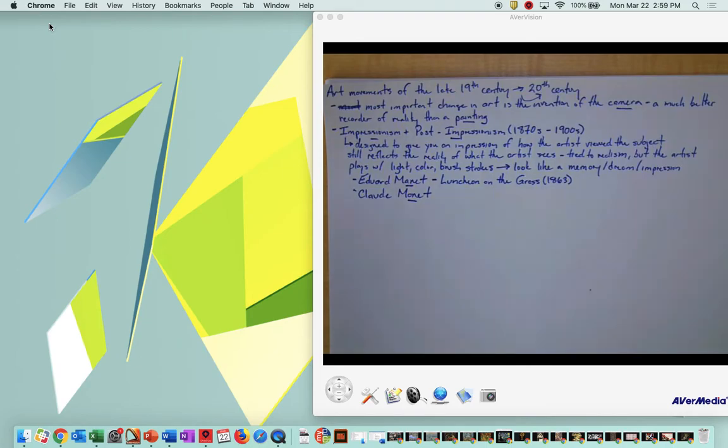Even though the artists and the art critics didn't like it, the people thought it was good. And because the people liked it, it was allowed to be exhibited. You start to see more and more of this kind of painting. Here is another one.